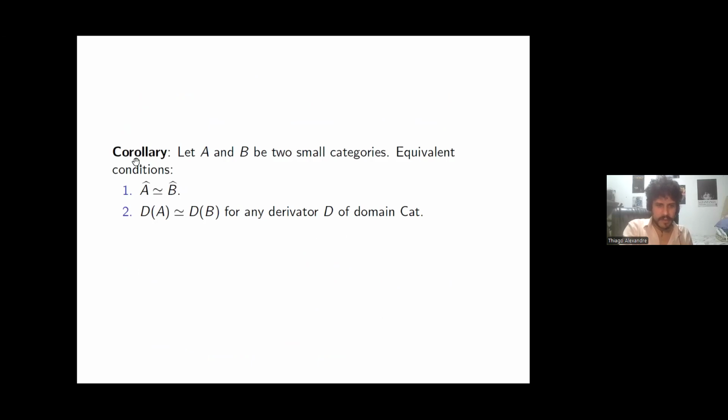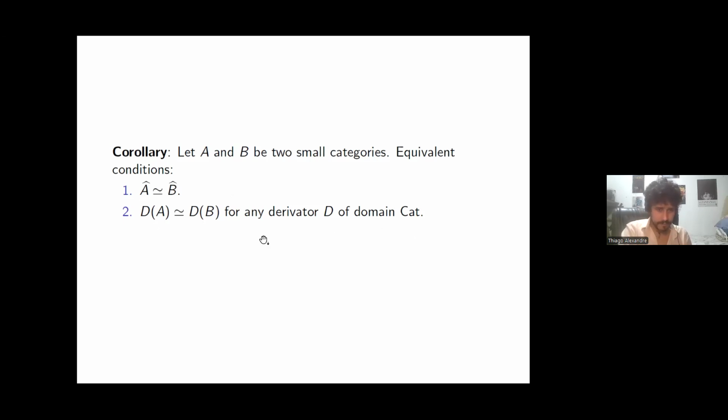Now there is this corollary which says that if you have two small categories, A and B, then these equivalent conditions say that they have equivalent toposes of sheaves, and they have equivalent derived categories with respect to any derivator of the domain Cat.